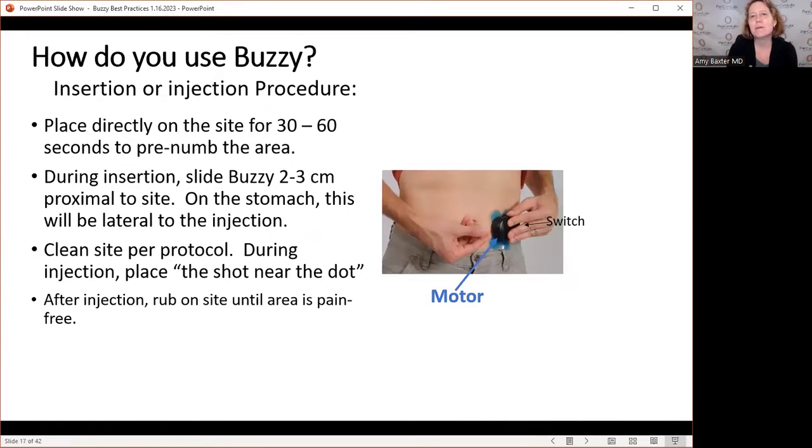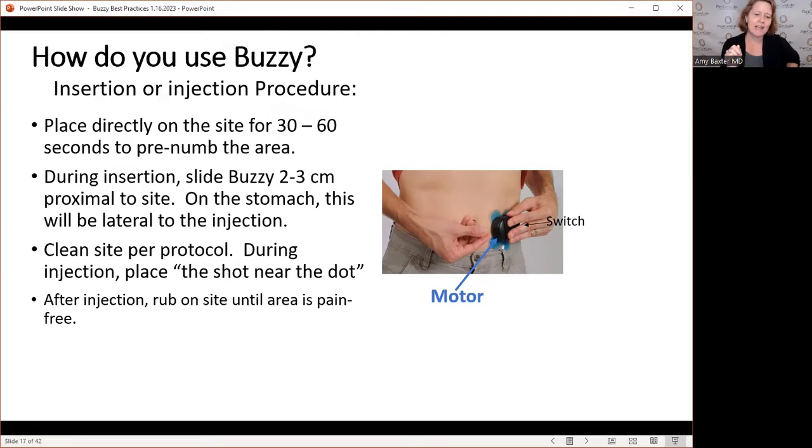All right, so how to use Buzzy in other places besides an IV or IM. If you're giving an injection in the arm, or a stomach injection, like for IVF or insulin, or Humira, you're going to do the same thing. You're going to put Buzzy on the site for 30 to 60 seconds to pre-numb it.